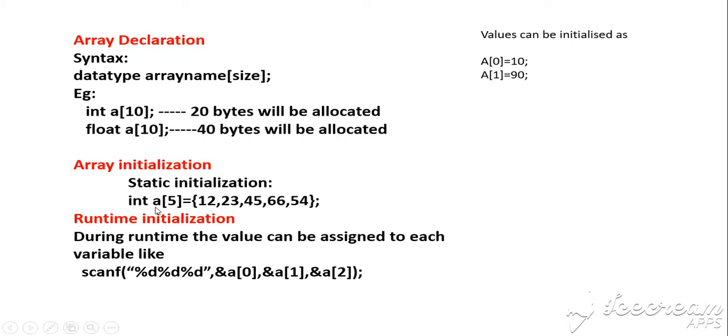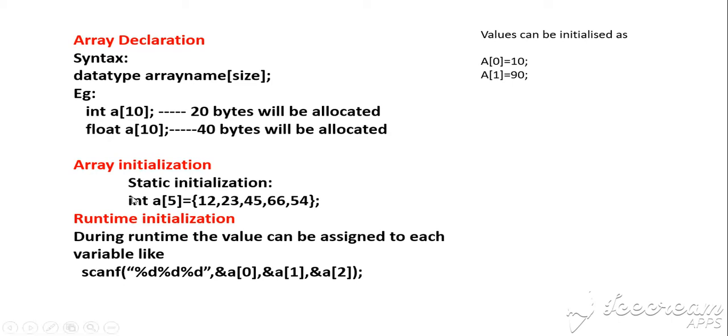Consider this example, int a[5] = , so we have declared an array of size 5, and I have given the initial values during the time of declaration itself. This is known as static initialization. The term static means that this initialization will be done during the compilation time itself. So while the array is created, initial values will be set to the 5 positions.